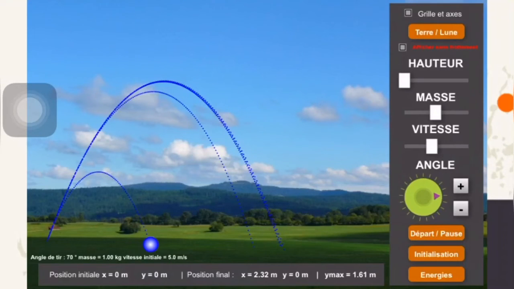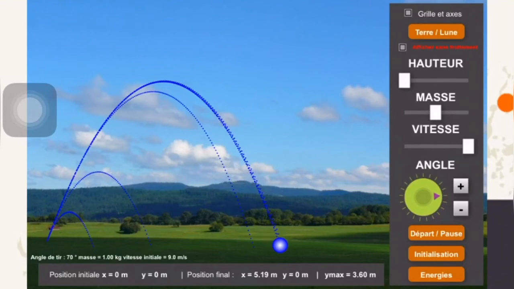Also, if I decrease it more and play the animation again, the height is again very small. Let me increase it to 9 meters per second, then play the animation and see the height the projectile attains is again higher than the height when the velocity of projection was less.